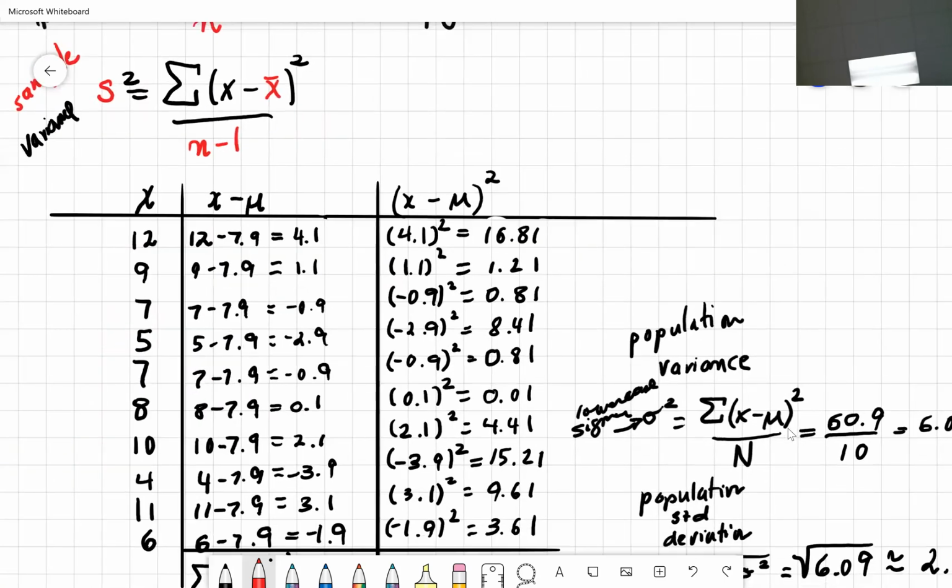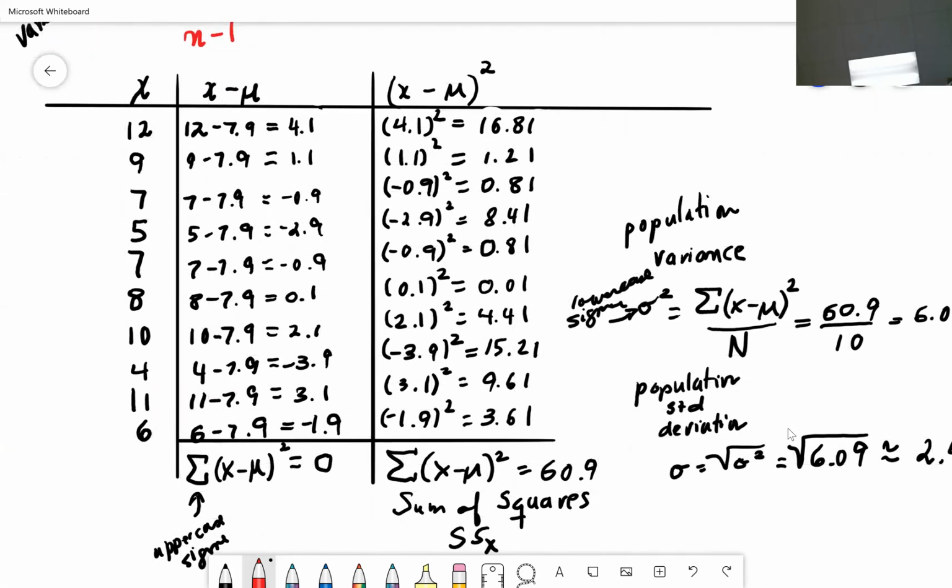So now let's go to the table we made. What changes in our table? Well, you still have the same mean, so your deviations didn't change. This now is just x minus x bar. When you add up all these numbers, you're still going to get 0.